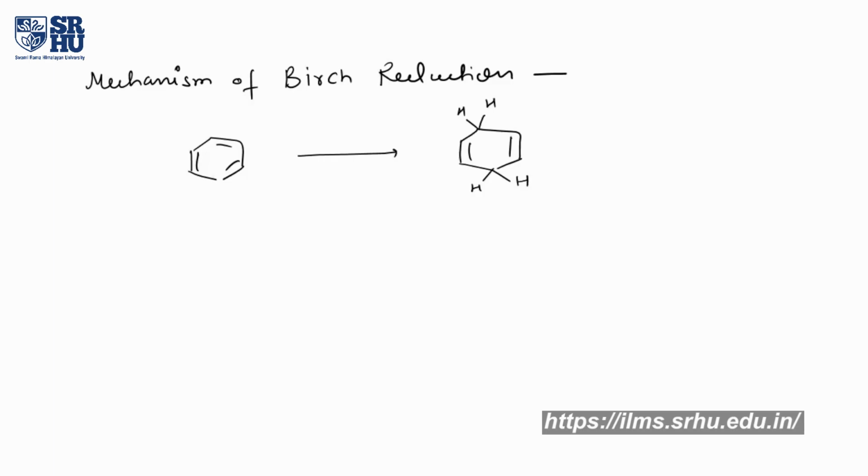What's happening here is, at first when the ammoniated electron arrives, these pi bonds are broken in a homolytic manner, like this. One of these electrons gets attached to the carbon. Okay, so what is the species that is formed?